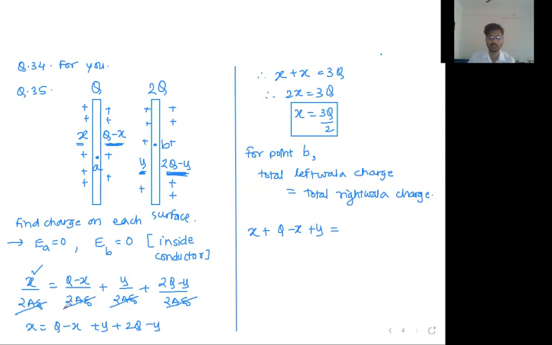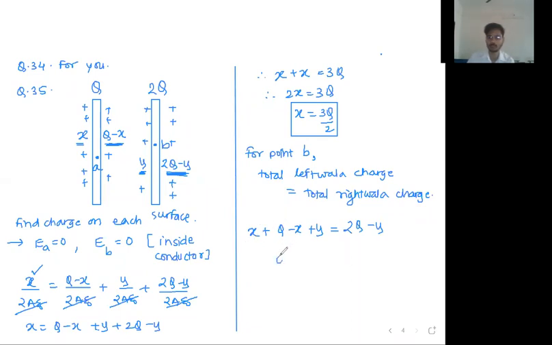Actually electric fields we equate, but that 2a epsilon 0 gets cancelled. So total charge on the left side is x plus q minus x plus y is equal to total charge on the right hand side. Right hand side charge is 2q minus y. Sir, this x and this x gets cancelled.